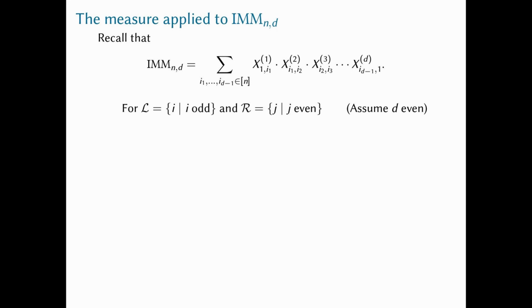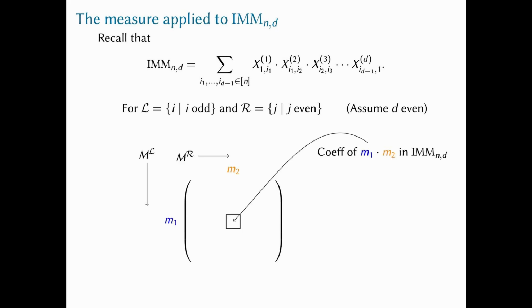In the partition of variables, each set of variables is a variable from the first matrix, a variable from the second matrix, and so on. Let's put on the left all matrices with odd indices, and on the right all matrices with even indices. In particular, if we want to look at the coefficient in front of m1 m2 in IMM, what is the form of m1 m2?